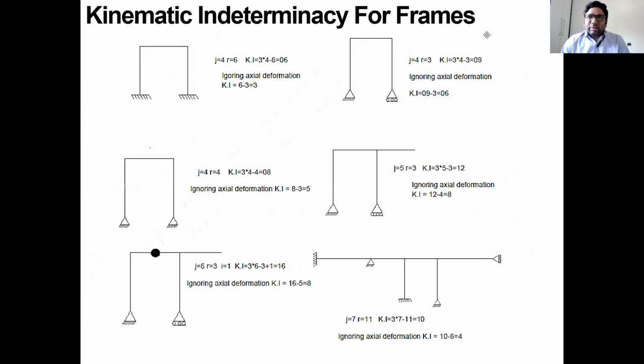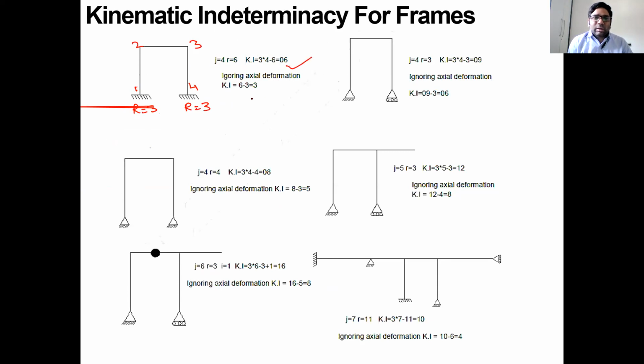Now, the last part for today's class is for the frames. So for frames, you can see that 3j minus r is straightforward. So let us try to take the 3j minus r. How many joints are there? 1, 2, 3, and 4. And here reactions are r is equal to 3, r is equal to 3. So 6 reactions and 4 joints.